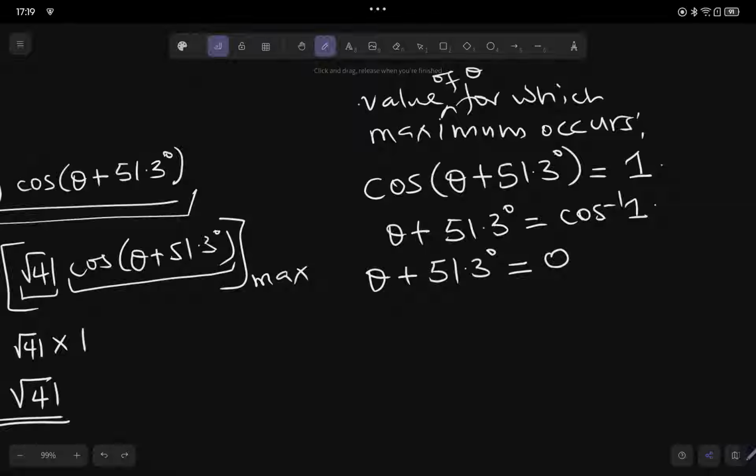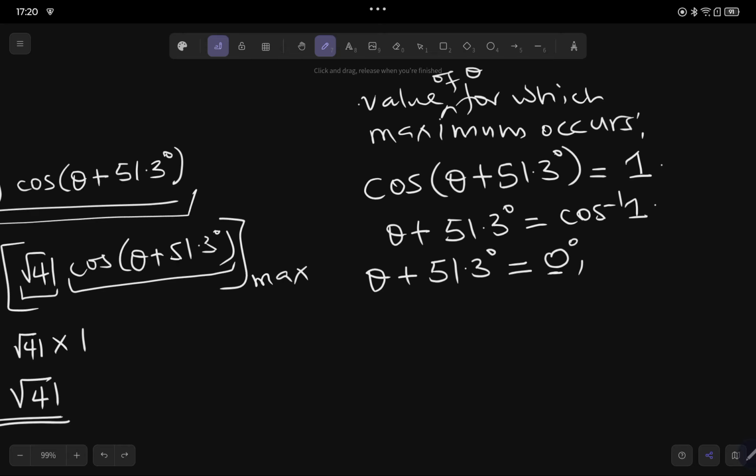And where else is cos 1? Because if cos inverse of 1 is 0 degrees, we need to find another value which gives us the same. The other value has a positive cos, so it is in the fourth quadrant. In the fourth quadrant, the angle is given by 360 minus the acute angle.